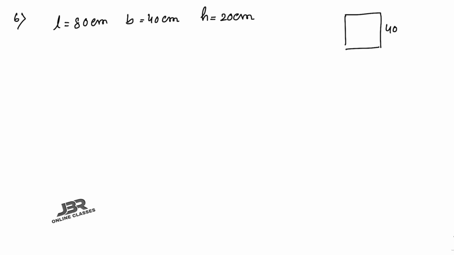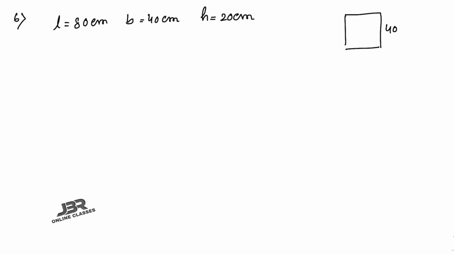If the box has length 80 centimeter, breadth 40 centimeter, and height 20 centimeter respectively, then how many square sheets of paper of side 40 centimeter are required?